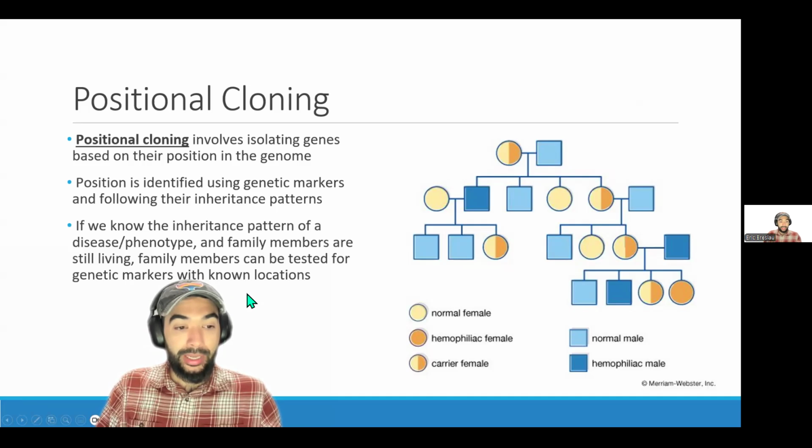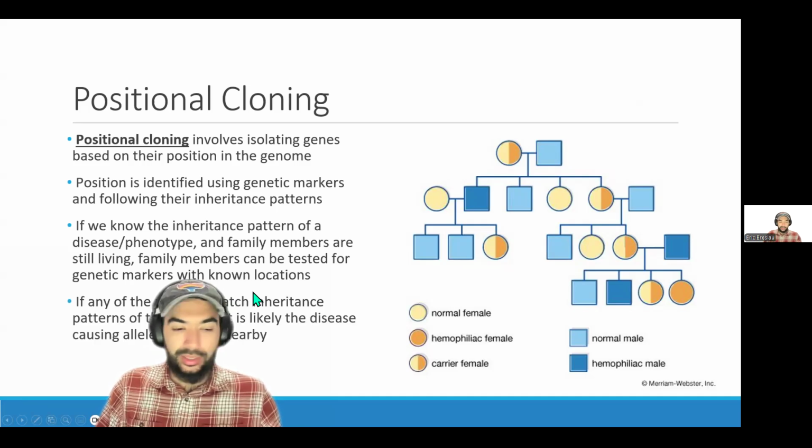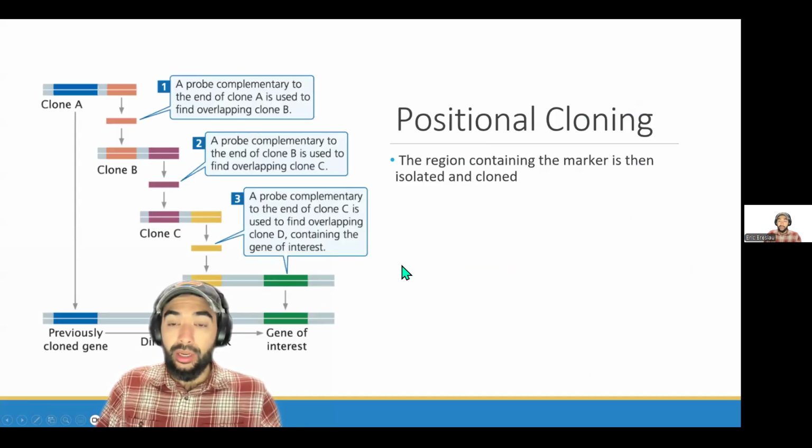And so we need to add some extra techniques to that. On top of that positional cloning, we can use this technique called chromosome walking.